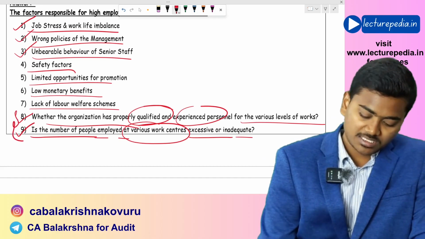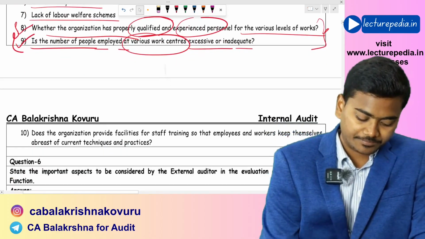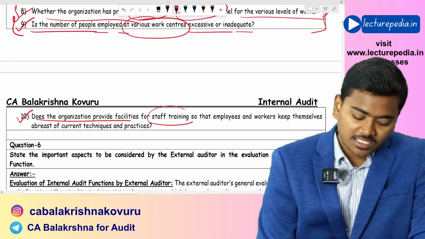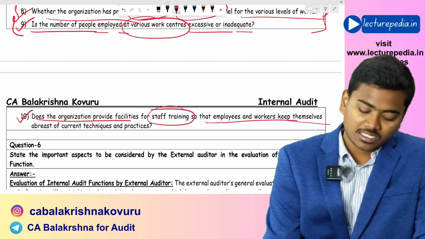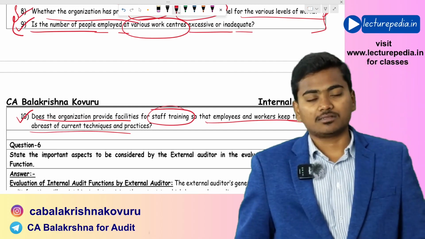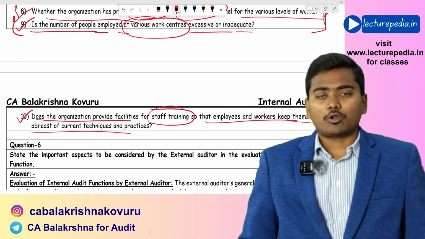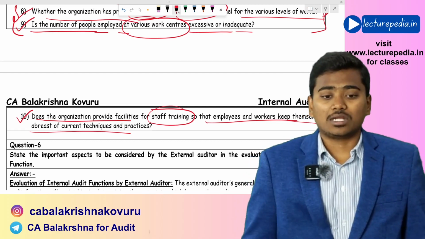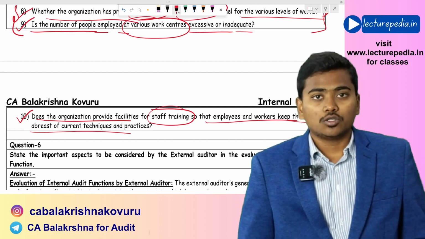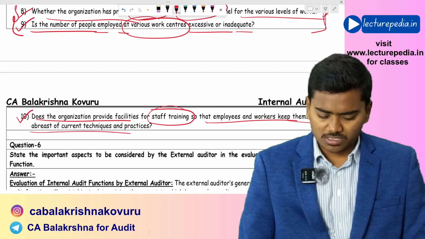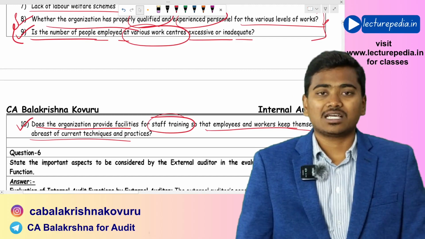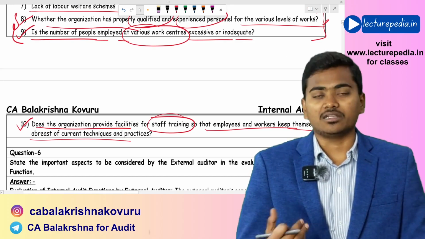Okay, these 2 points are similar. Does the organization provide facilities for staff training so that employees and workers keep themselves abreast of current techniques and practices? Okay, if proper staff training is not provided, which is relevant for their work, even then they might decide to leave the company. These are some of the factors which could cause high employee attrition rate.